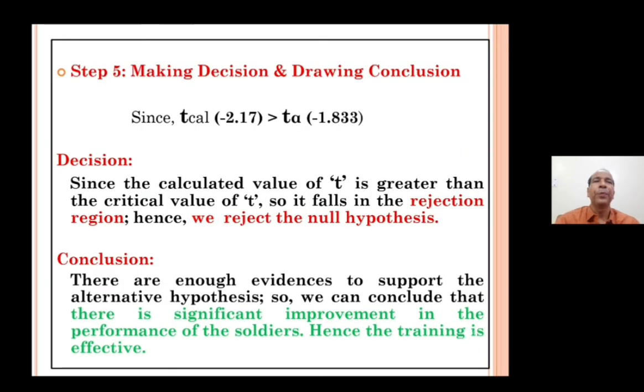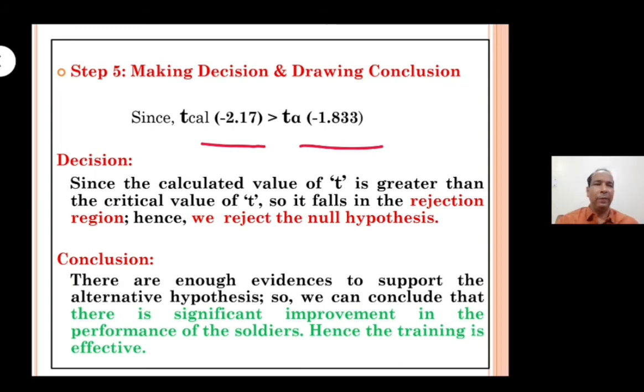That means your null hypothesis will be rejected because t calculated, that is minus 2.17, is a greater value than minus 1.833. Minus sign just denotes the side of this value. Since this is left tail test, that's why minus sign is here.